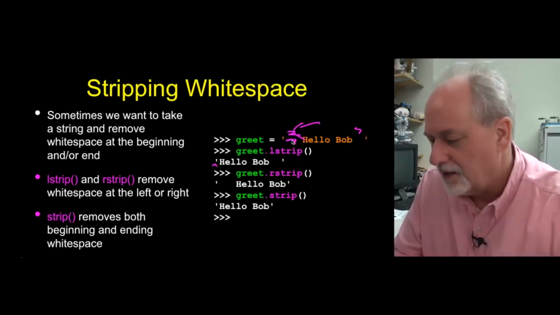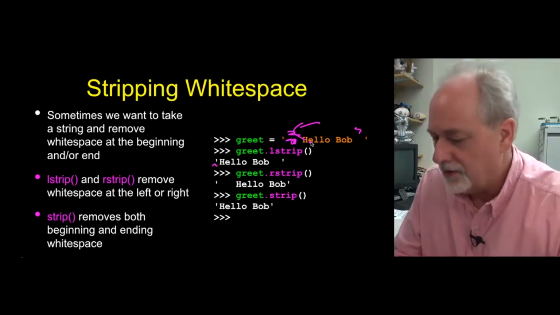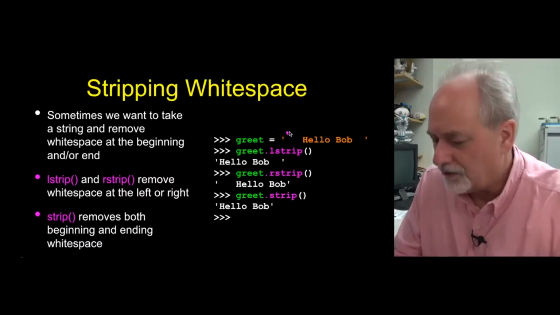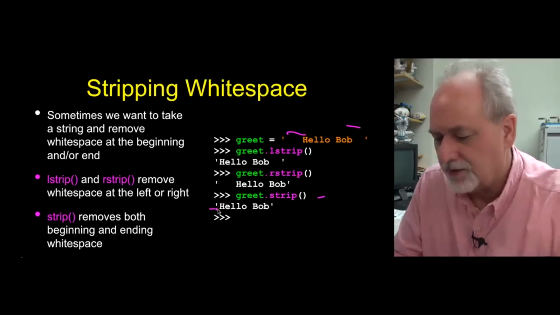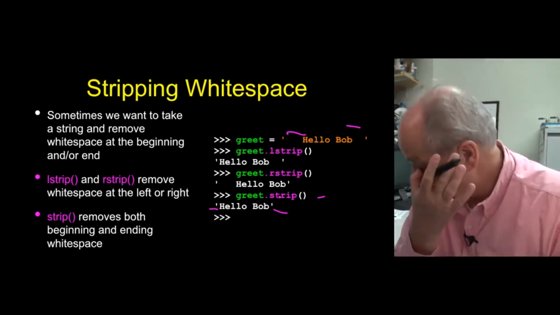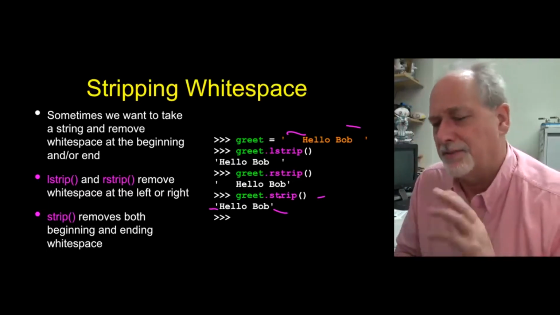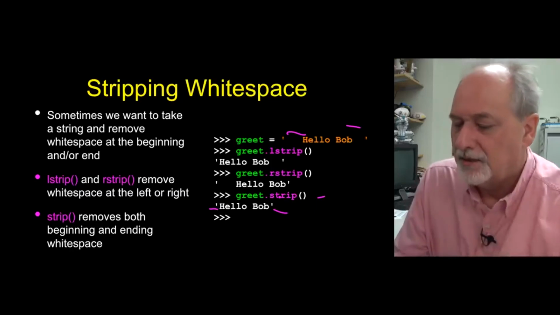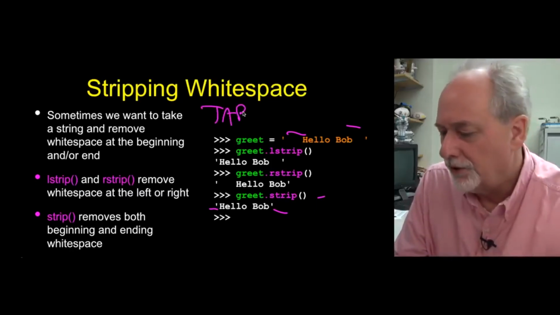If there's nothing there, it doesn't harm it. rstrip means throw away all the blanks on the far end. And then strip says go take both sides, and so that pulls out all the spaces on both sides. This will be useful because sometimes when you're tearing stuff apart, you'll find yourself getting extra spaces, sometimes at the beginning, sometimes at the end. And it can be tab or new line.